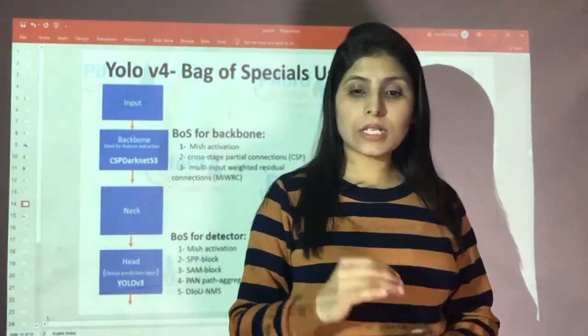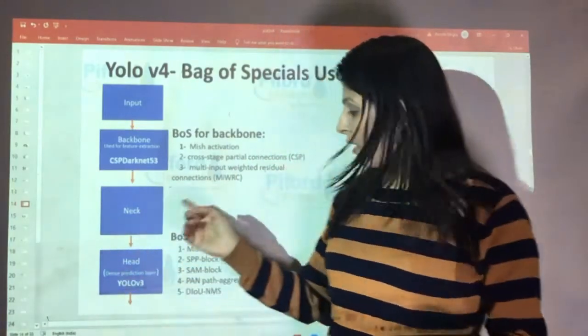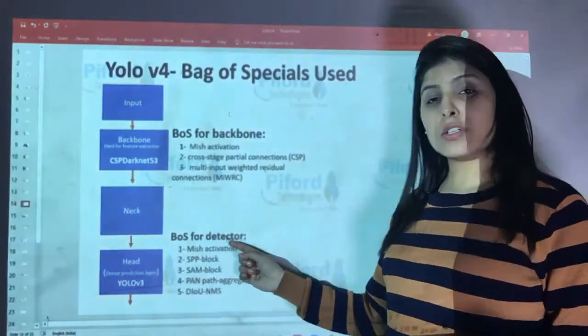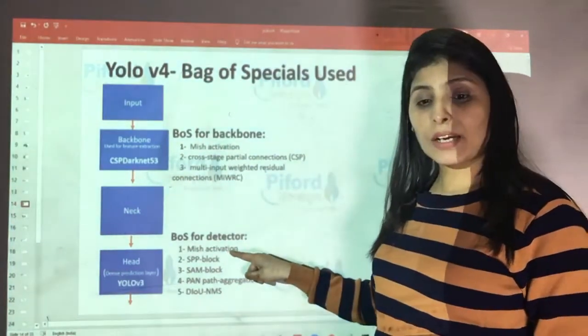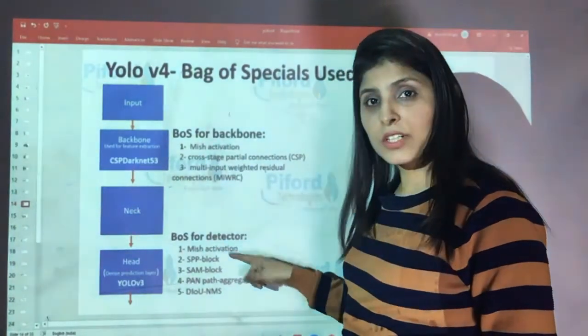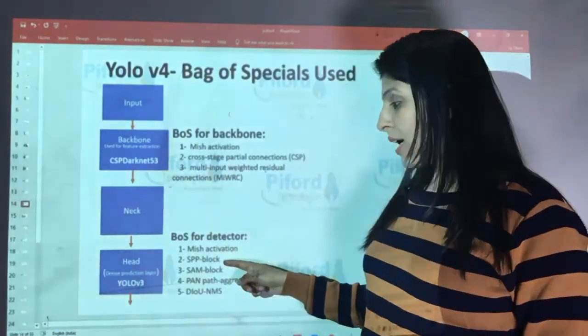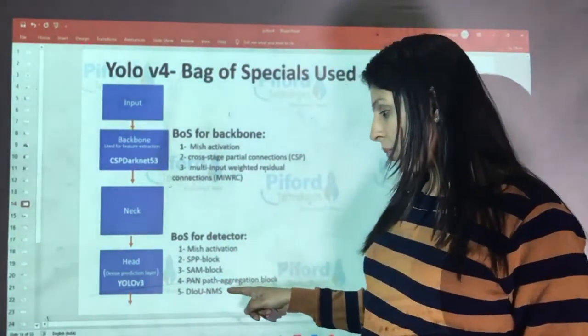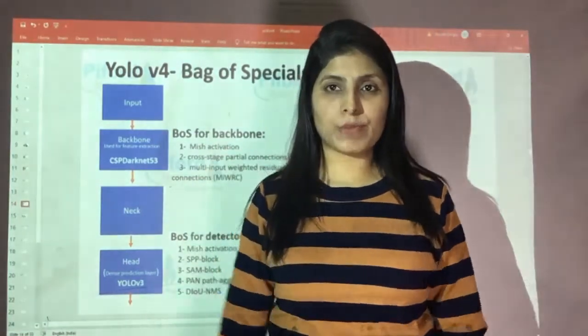And then we have multi-input weighted residual connections. And if I talk about the bag of specials for the detector, over here also we are using Mish activation. We are using Mish activation in both scenarios. Okay, and then we are using SPP block and SAM block, and then PAN path aggregation, and these things are there in the bag of specials.